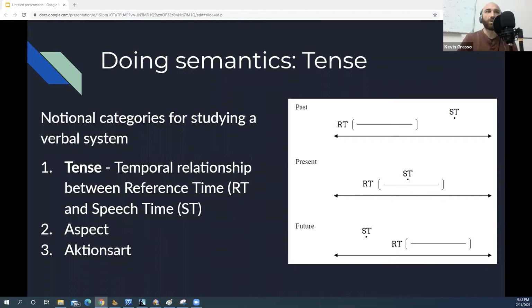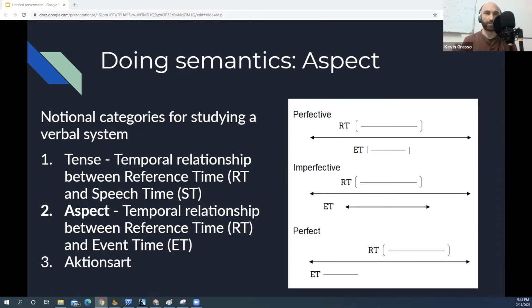Okay, so aspect is the temporal relationship between the reference time and event time. Okay, so the time that we're talking about, which is the reference time, right? And the actual event time, taking place in the real world.